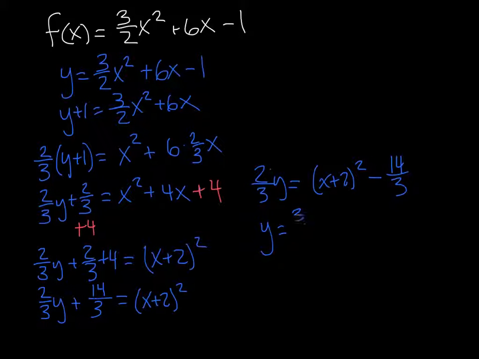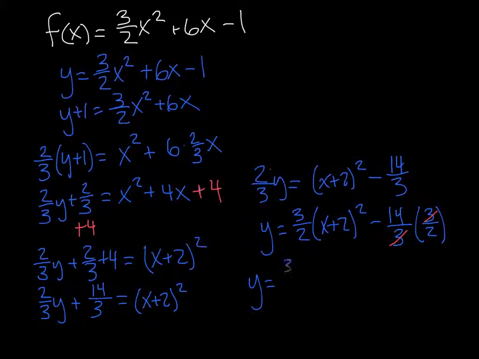I need to multiply this by 3/2, and then this last part by 3/2. So I only have one step left. I just need to simplify this last piece. You'll notice I'm multiplying fractions here. The numerator and denominator can cancel, so I get 14 over 2, which can be reduced to 7. So for my last step, y equals 3/2 x plus 2 squared minus 7.